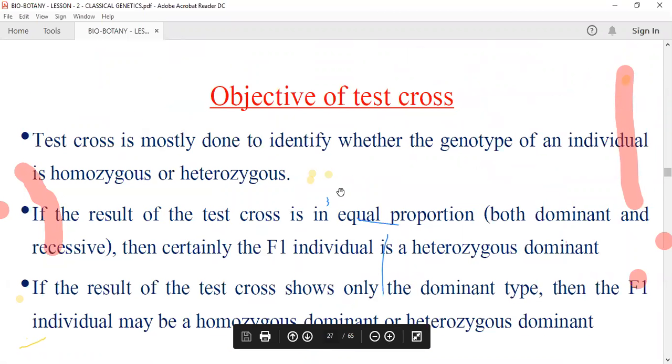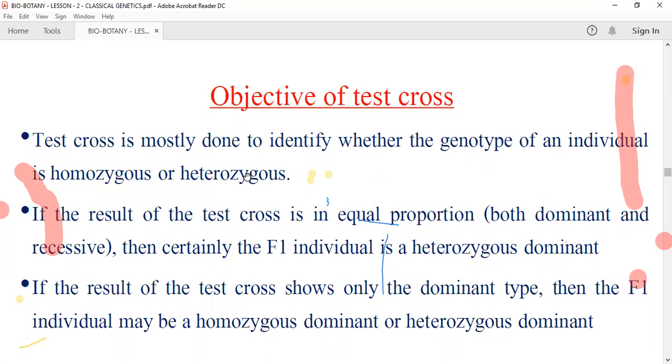Next, what are the objectives of the test cross? The test cross is mostly done to identify whether the genotype of an individual is homozygous or heterozygous. Why are we doing this cross? We have to understand whether it is a homozygous or heterozygous condition, because in the F2 only can we identify that.